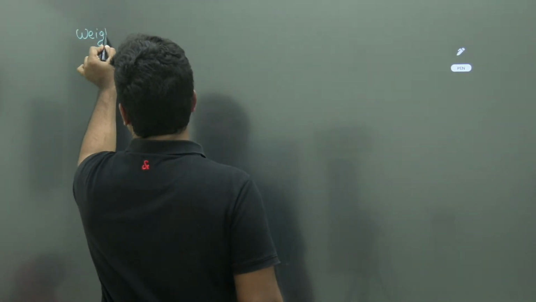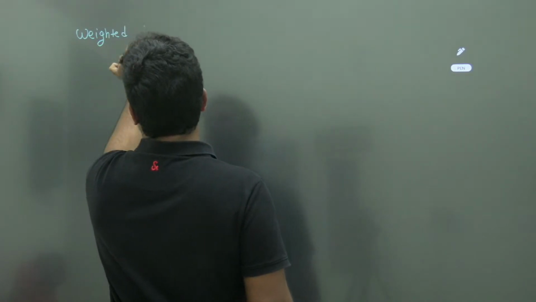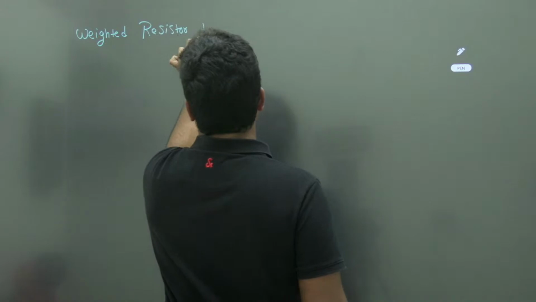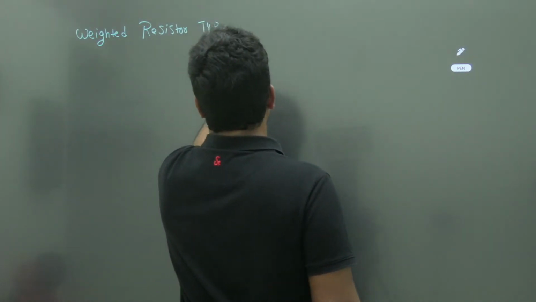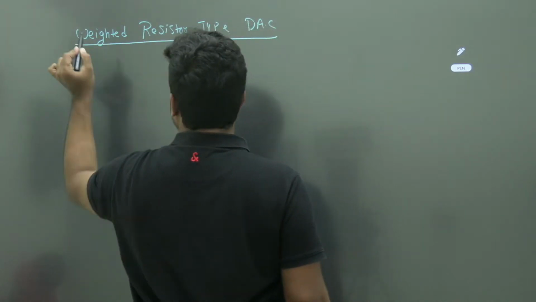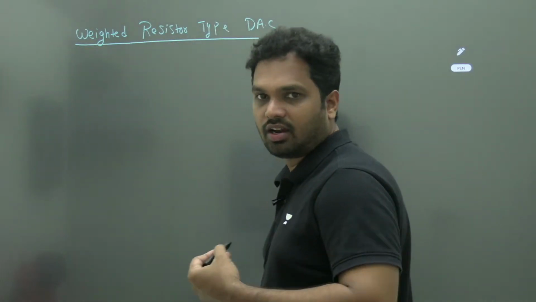Weighted resistor type DAC, D2A converters. Firstly, let me draw the figure, then I'll do the explanation.